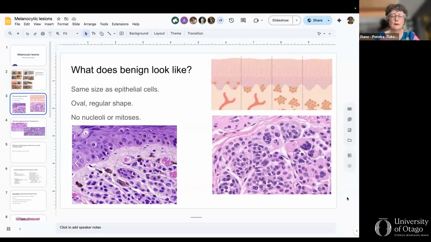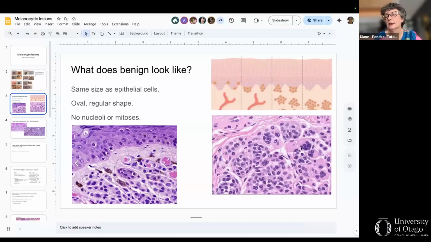Sometimes they can look a bit funny, and this is particularly so in benign melanocytic lesions in the conj, because they get irritated by the eyelids. So we have a much wider range of what's acceptable in the conj than we do in the skin.